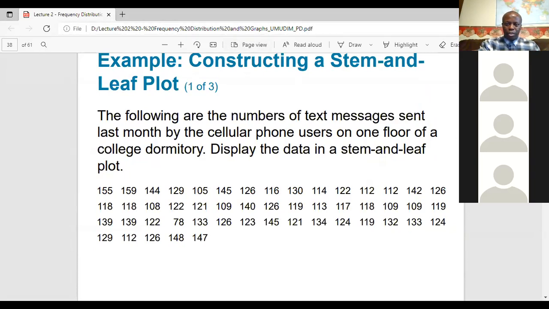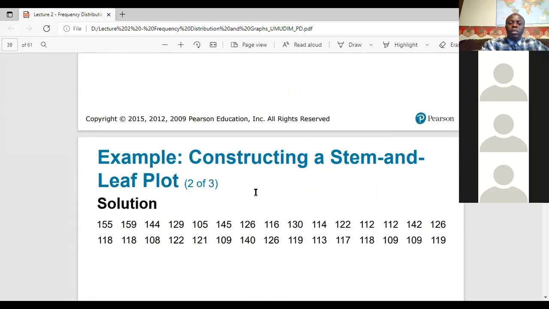Look at this example. It says the following are the number of text messages sent last month by cellular phone users on one floor of a college dormitory. Display the data in a stem and leaf plot.